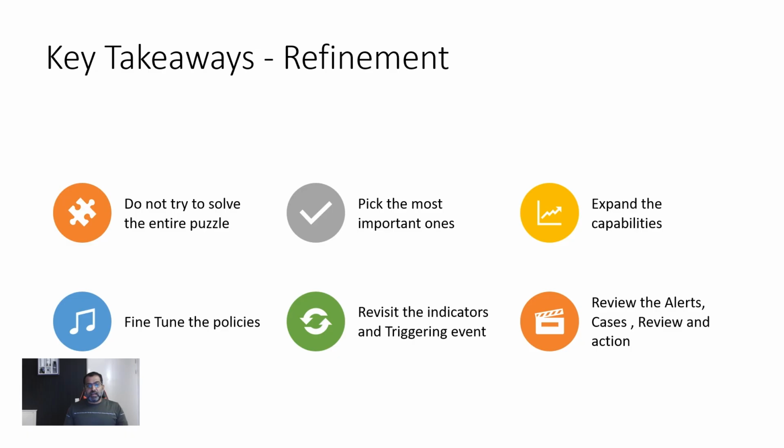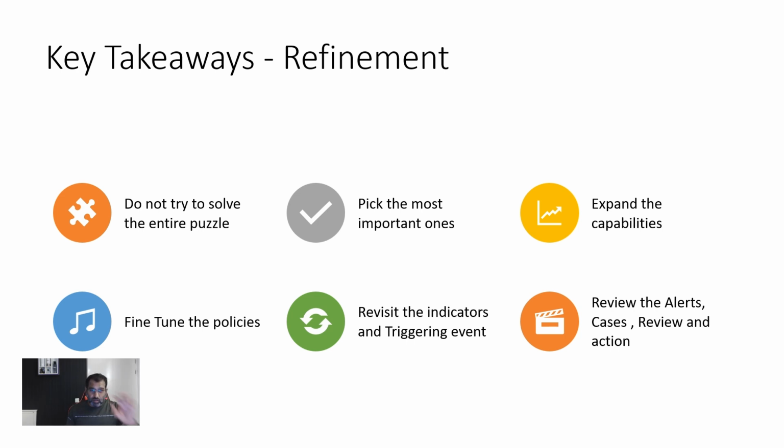And the next part is I wanted to show this as a refinement, especially for the key takeaways. This focuses on the refinement phase of safeguarding your data, as well as continuous improvement. The first thing is don't try to solve the entire puzzle, which means don't put more pressure on your team stating I want to address every issue at one time.